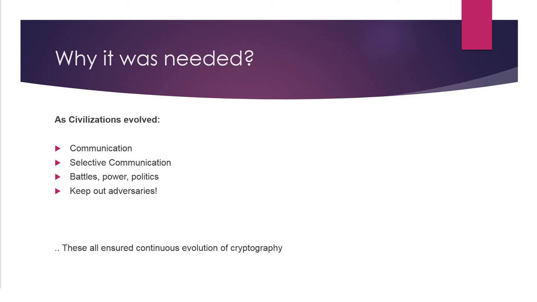And when they went into wars, there was a need to communicate in a secure way, to build some secure form of communication, or a new language actually, to keep out adversaries or enemies from eavesdropping on their messages. So that's how it evolved.